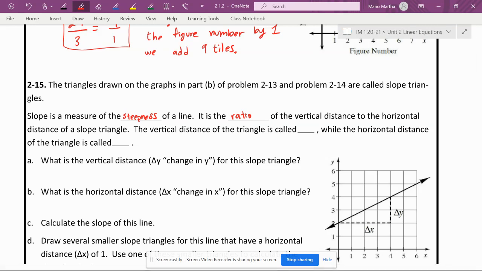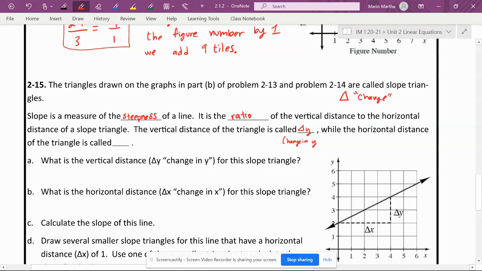The vertical distance of the triangle is called delta y. All right, and this is also referred to as the change in y. If you remember from our learning target, it had those words in there. Every time you see the little triangle next to a letter, it represents change. It's called delta, the Greek letter delta.